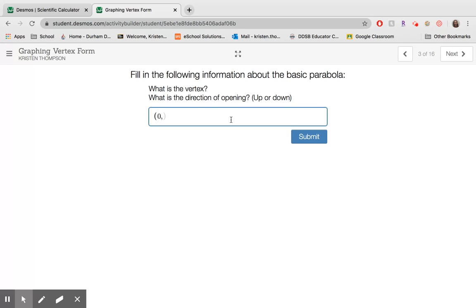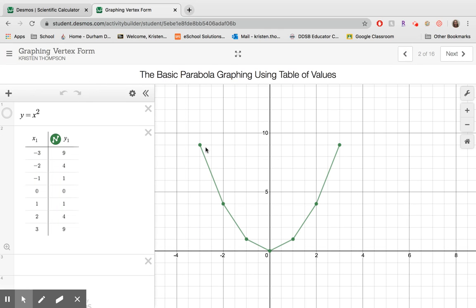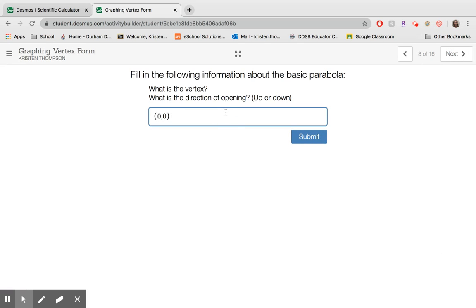Our y value of our vertex was 0, and then bracket. And then the direction of the opening, if I go back to this, the direction of opening is facing upwards. So it's like the mouth is eating upwards. So up, submit.